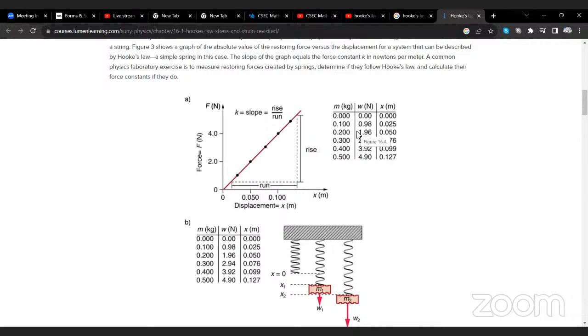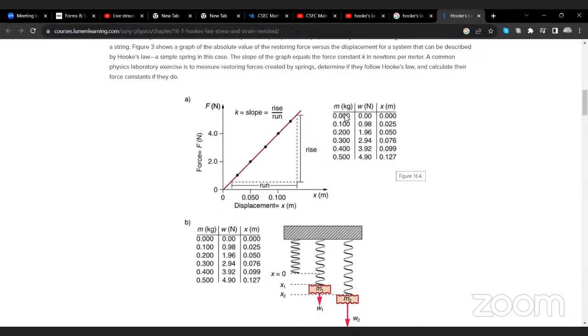When the man uses a ruler, he's measuring the extension, which should be x. Of course, they know the mass that is being added. And then the force is calculated right here.